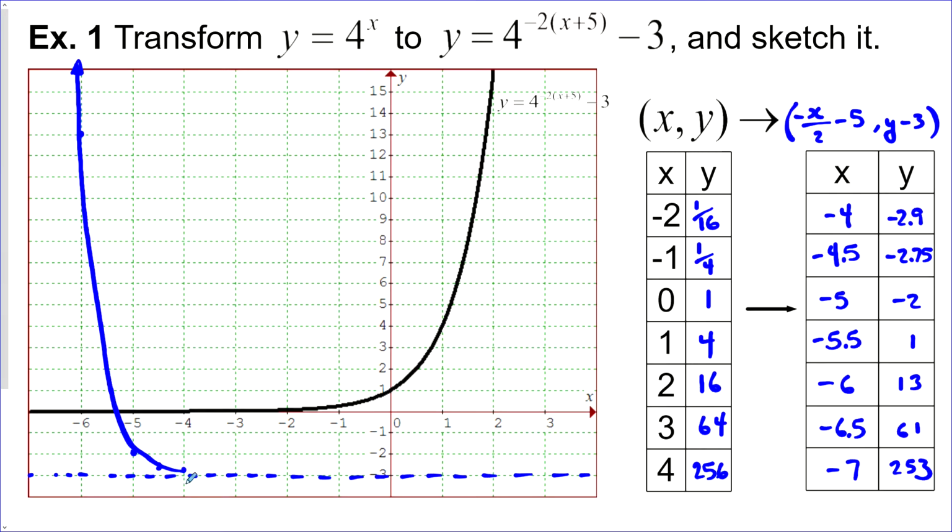We see that we're getting very close to it, and we don't want to look like we're touching it, so you just got to exaggerate the distance there. Almost looks like we're going flat, or maybe even the wrong way. There. And there we go. And this is our new graph of 4 to the power of negative 2, x plus 5 minus 3. And our asymptote, just for fun here, is y equals negative 3.